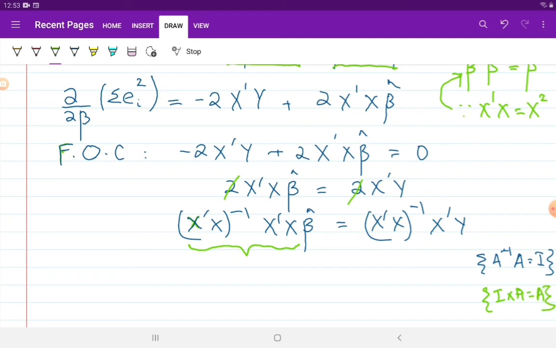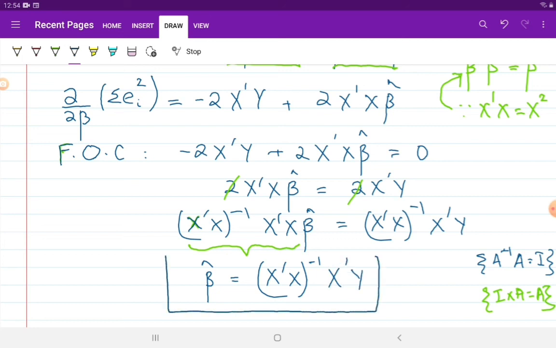So when I is multiplied by beta hat, I get beta hat itself, and beta hat is equal to x transpose x the whole inverse times x transpose y. And this is the main formula of the estimator that you are trying to derive.